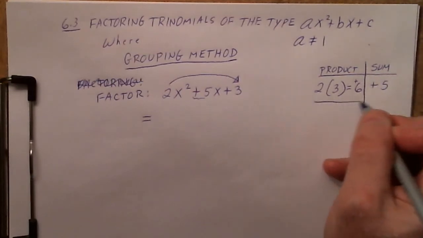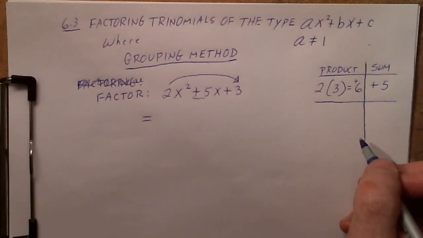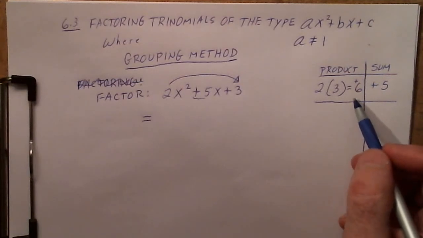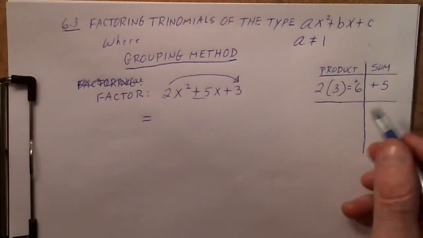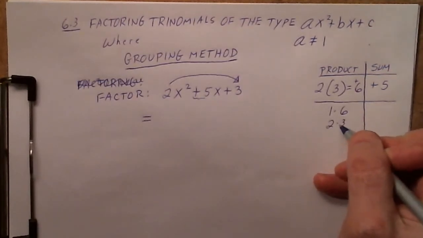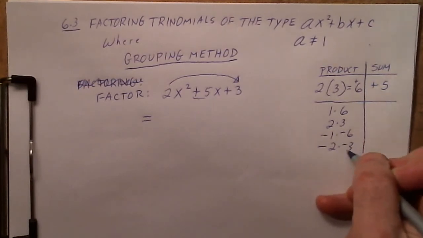All right, so here's our goal. Just like last week when trying to factor the easy types of trinomials, the same thing holds true for these difficult types of trinomials with this product sum table here. We're going to try to find two factors of positive 6 that add up to positive 5. The only factors of positive 6 are 1 and 6, 2 and 3, negative 1 and negative 6, and negative 2 and negative 3.